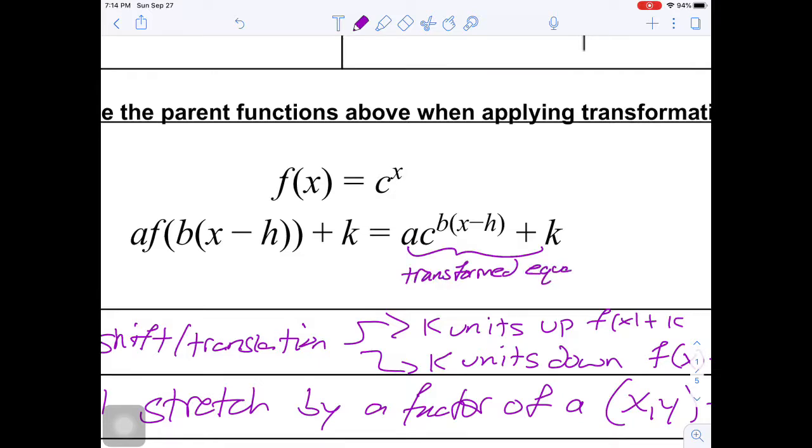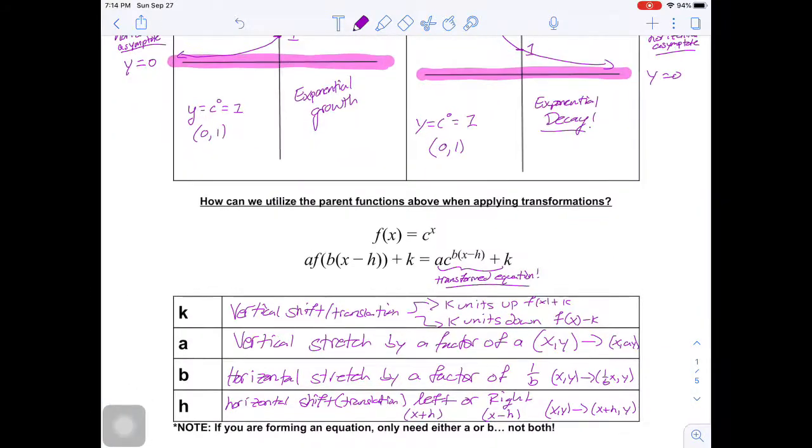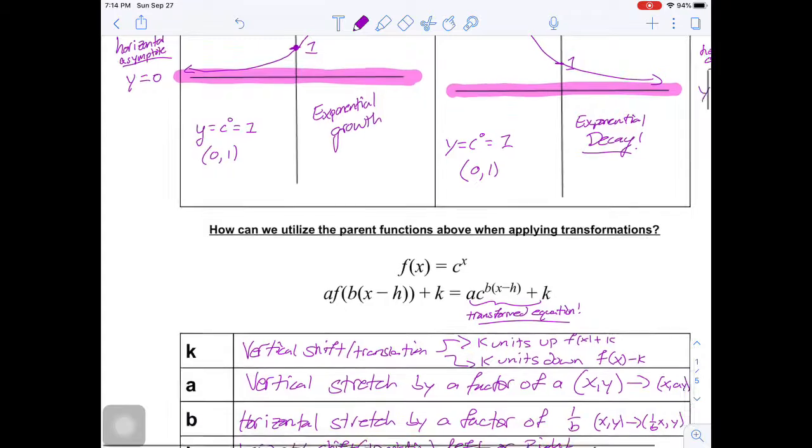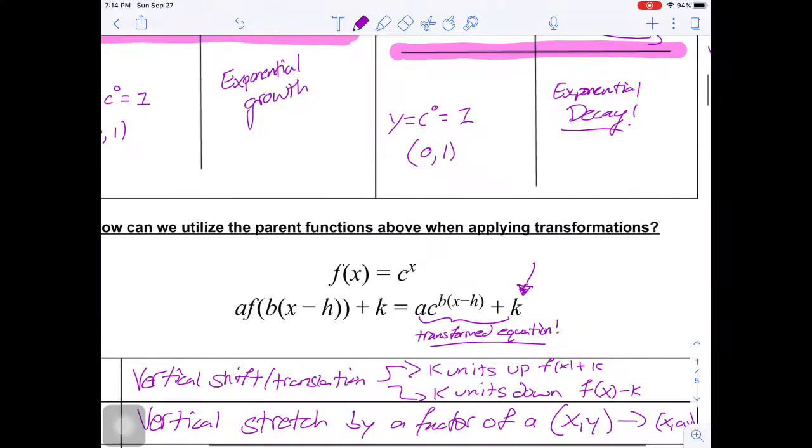Now, things to recognize here, okay? The best part about exponential graphs and this shift up or down, okay? This tells us the new location of the horizontal asymptote.